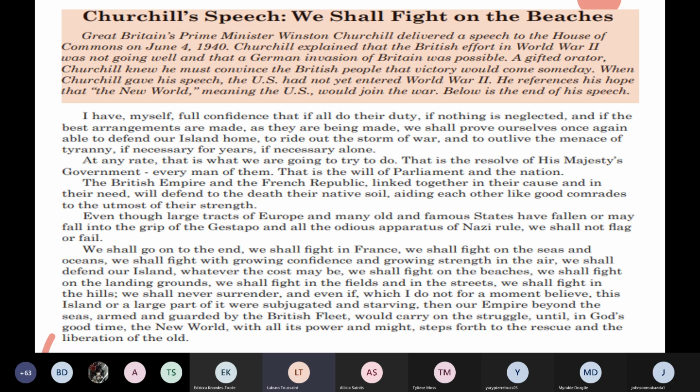And even if, which I do not for a moment believe, this island or a large part of it were subjugated and starving, then our empire beyond the seas, armed and guarded by the British fleet, would carry on the struggle until, in God's good time, the new world with all its power and might steps forward to the rescue and the liberation of the old. So, yes.